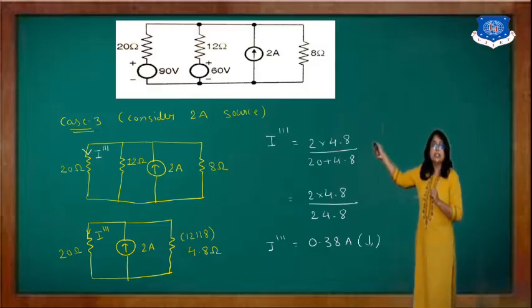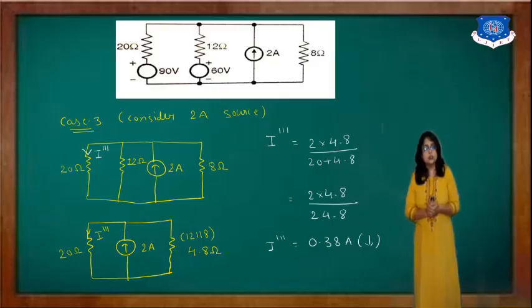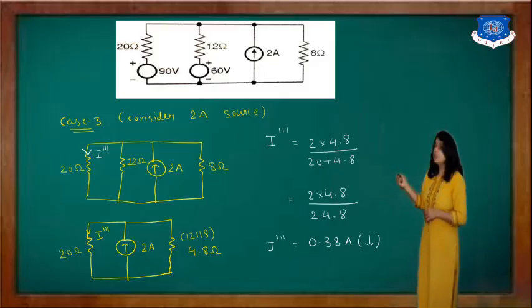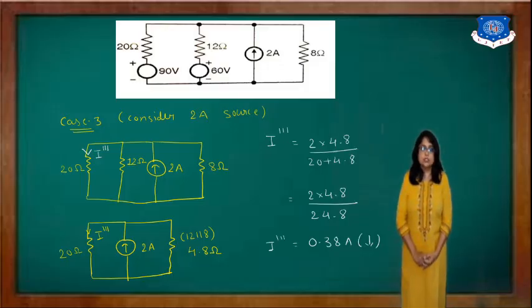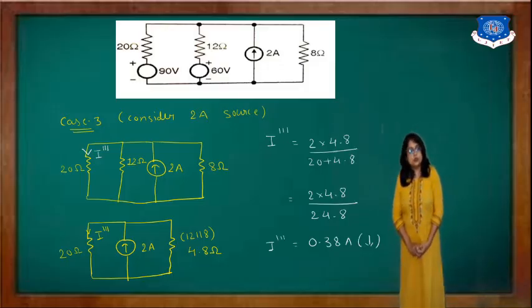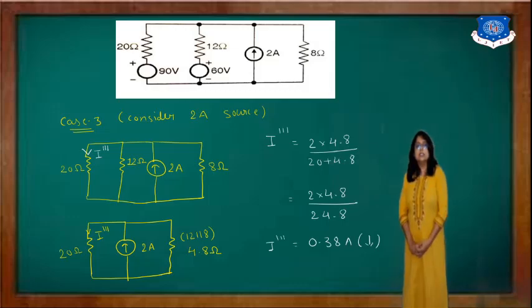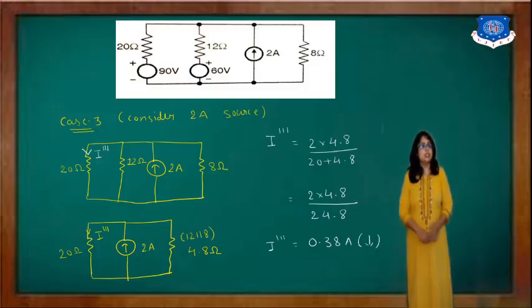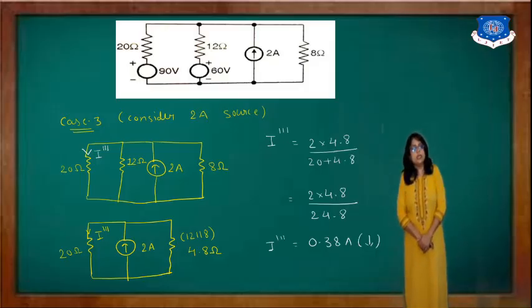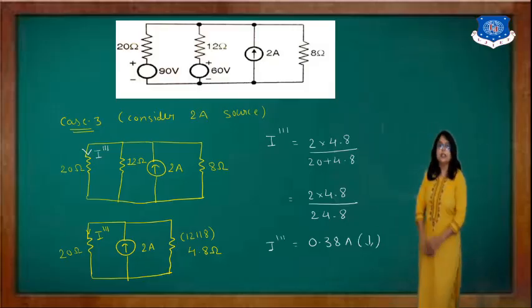Now, the current divider rule, what do we have to do? I triple dash equals the total current, which is 2, multiplied by the opposite resistor. We are interested in finding the current through the 20 ohm resistor, so my opposite resistor is 4.8.